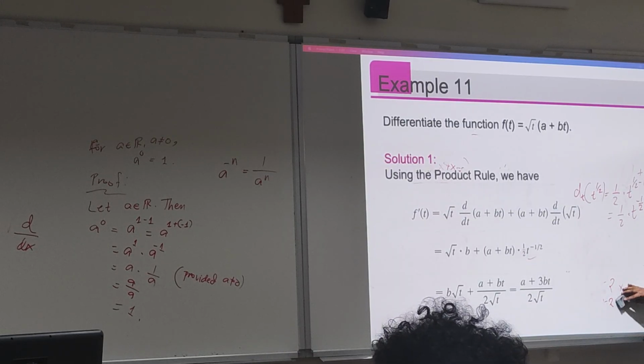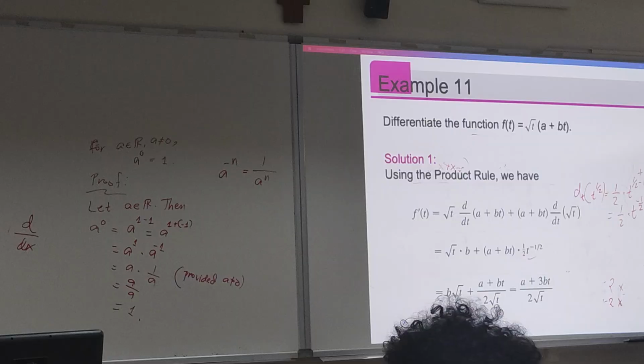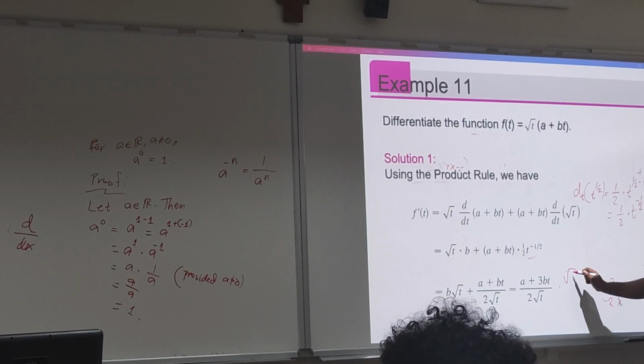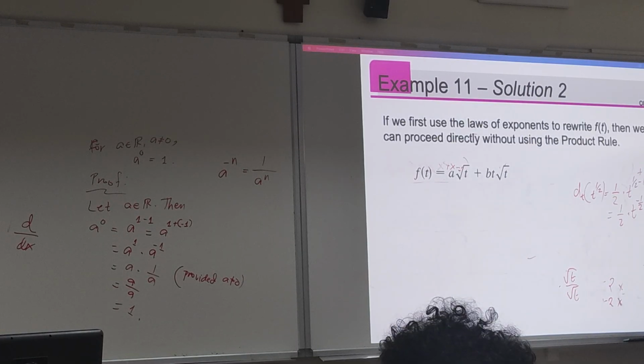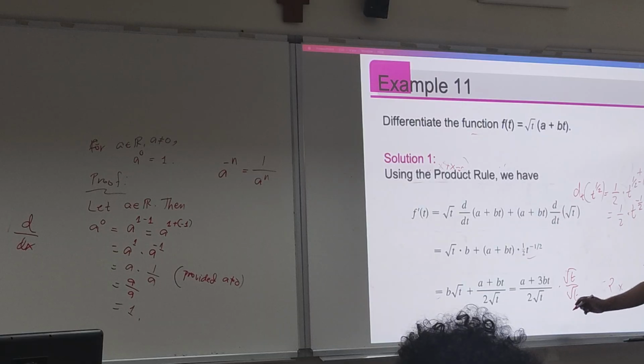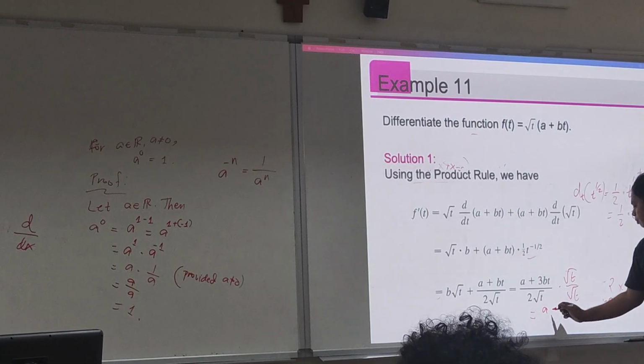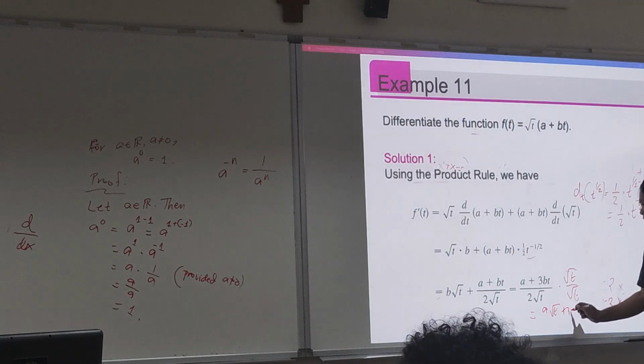So we need to rationalize your denominator by multiplying this one by square root of T over square root of T. So for this one, this is just what? That's 3B.